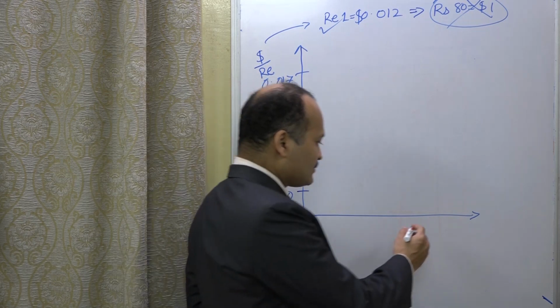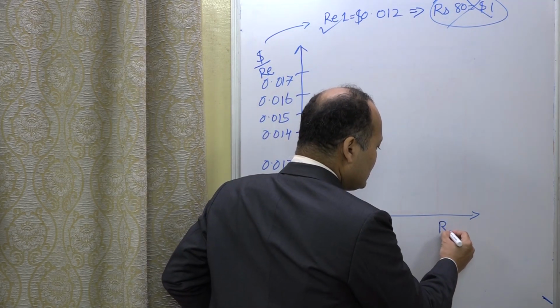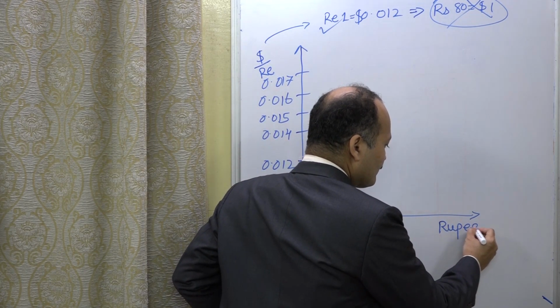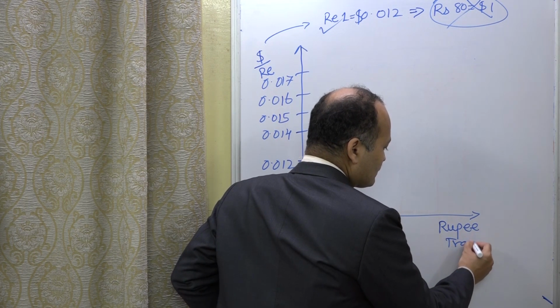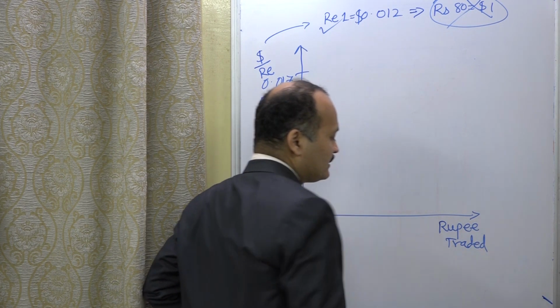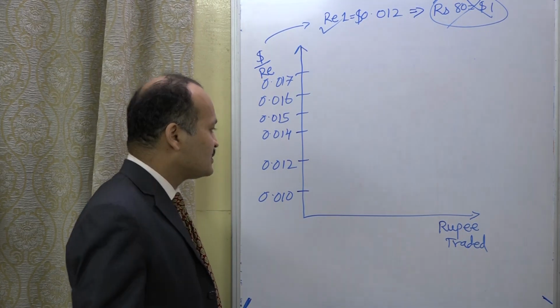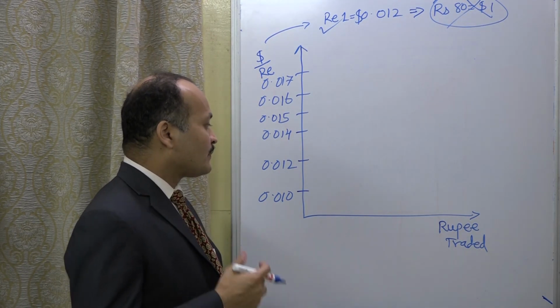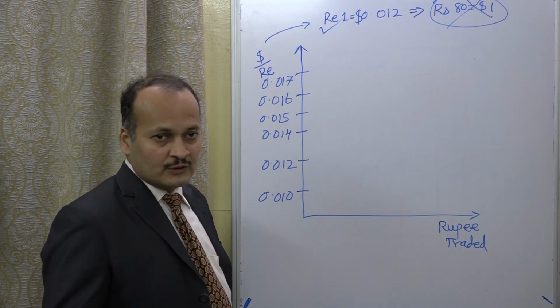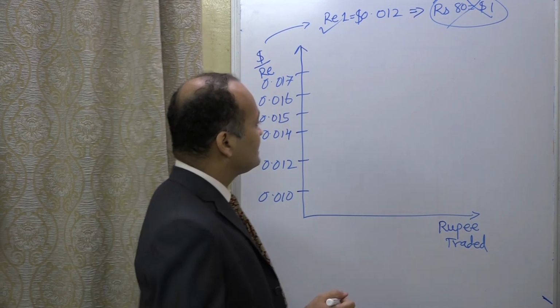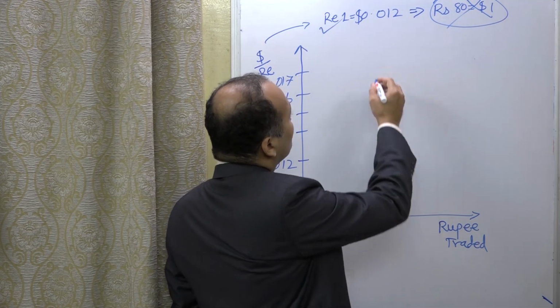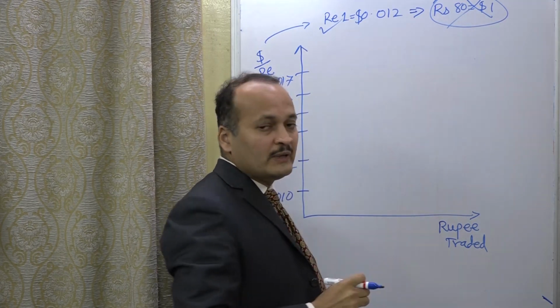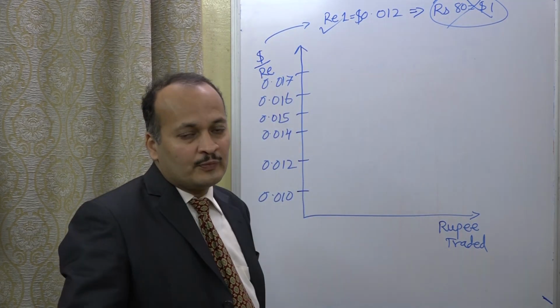And on the x-axis, what do I have? On the x-axis, I am putting rupee traded. We are considering how much rupee is traded in the foreign exchange market, and I will consider the supply of rupee and demand for rupee there. Who will demand rupee?